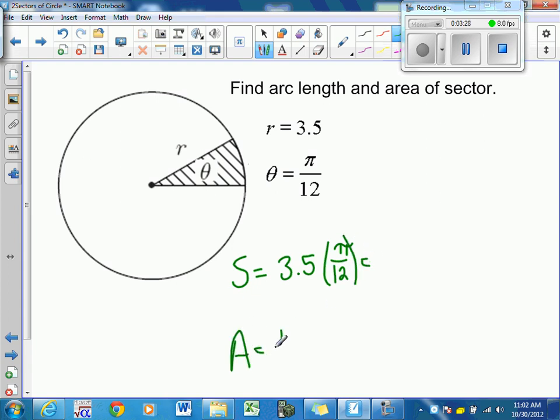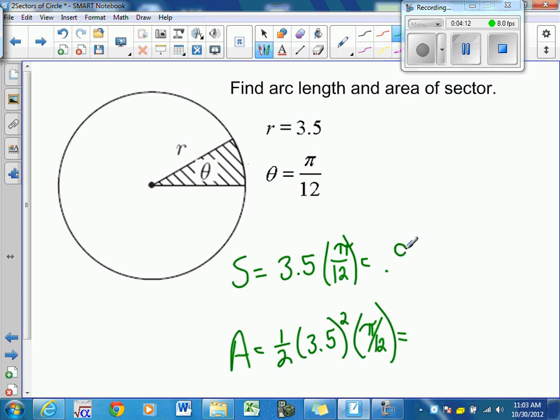Give you a second, try plugging both of those into your calculator and see how you do. The answers you should get, your arc length is 0.916 and our area is 1.60. So those are just using our formulas.